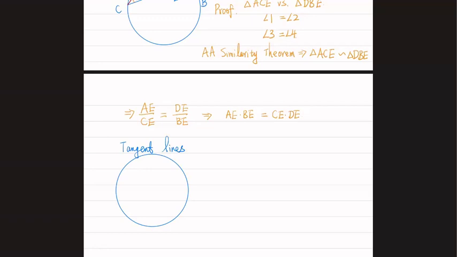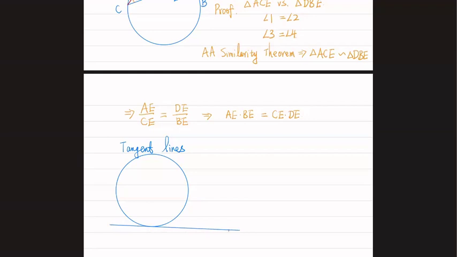A tangent line intersects the circle at exactly one point. Okay, nice.